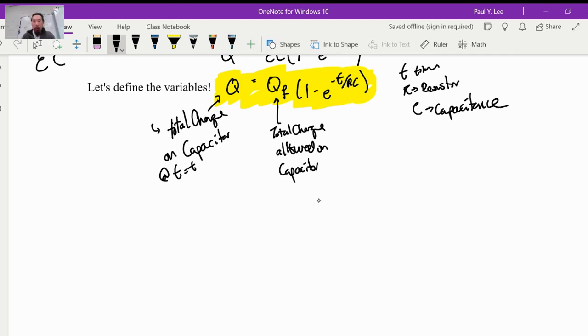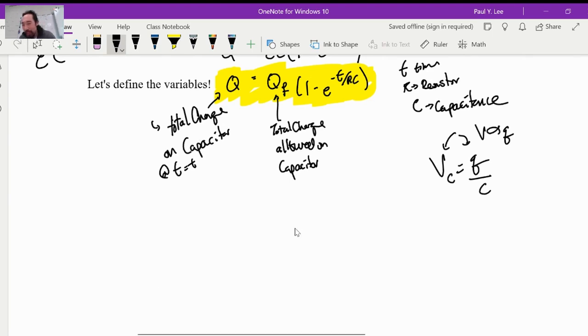We know from our formulas that we highlighted above that voltage for the capacitor is equal to however much charge is on it over the capacitance. So what I wanted to show you, this is a cool little trick, is we see that voltage and charge are directly proportional. Because they're directly proportional, we can take the formula above and just replace all the Q's with V for voltage.